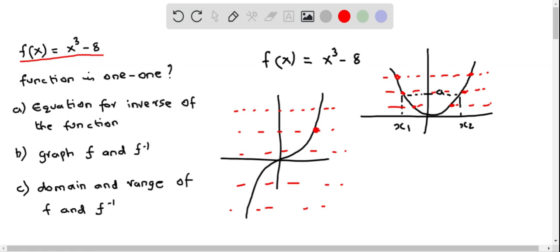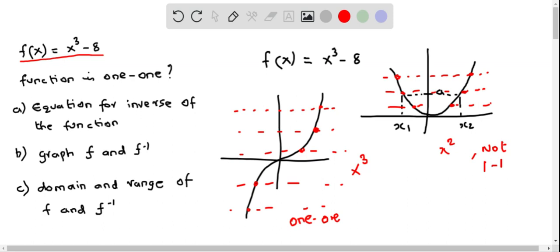It makes just one intersection with the graph of f of x. So this is the graph of x cubed, which is one-to-one. However, this is the graph of x squared, which is a parabolic curve, and this is not one-to-one. So this gives us a basic idea of how to determine whether a function is one-to-one or not.